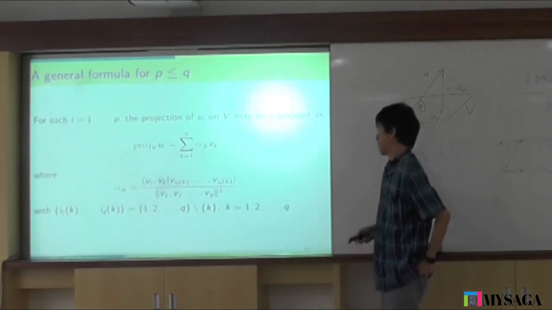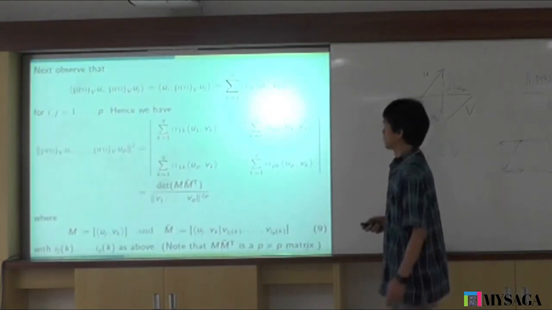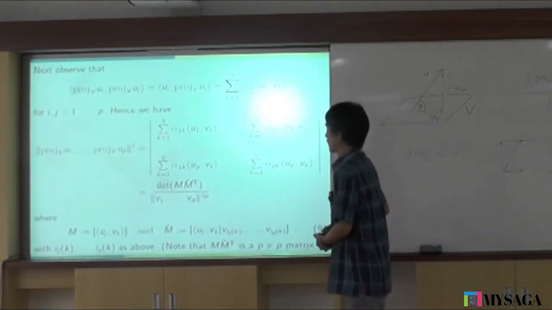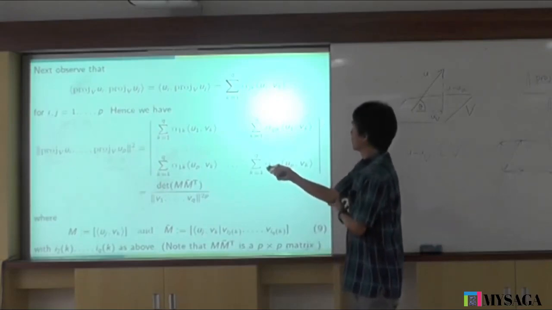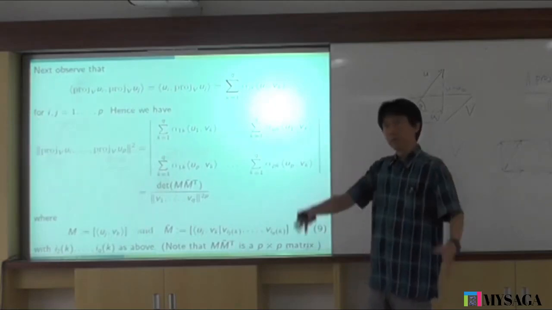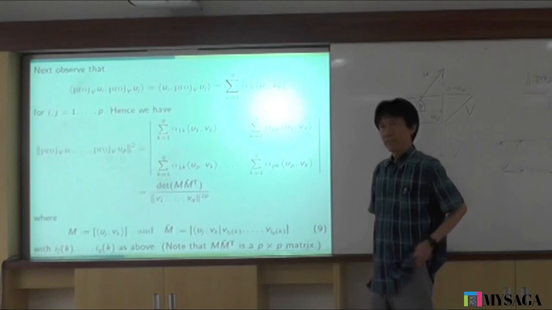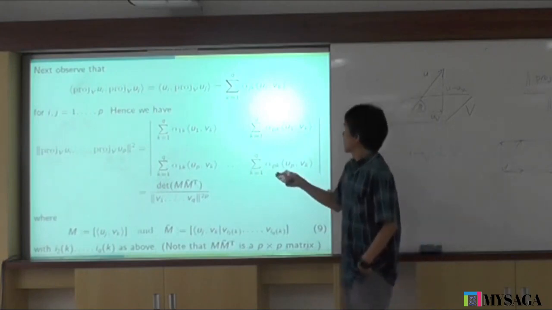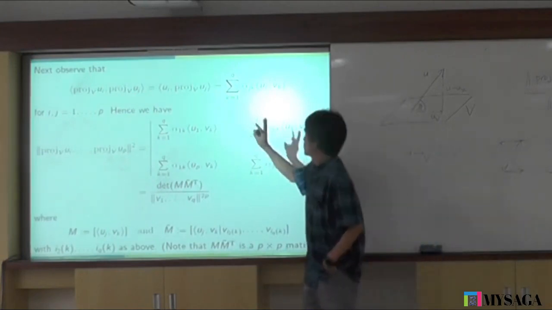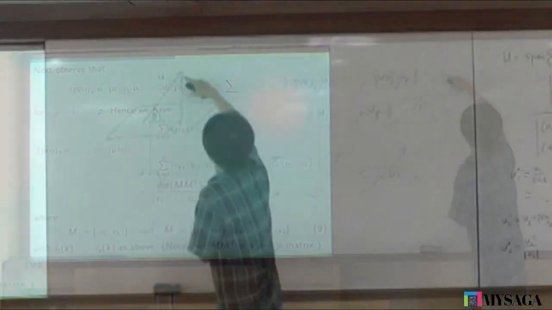Okay? And then if we plug this in, we need to compute this. These are the entries of the matrix that we want to compute the determinant of. First we realize that computing that is the same as computing with UI and the projection. Why is that?